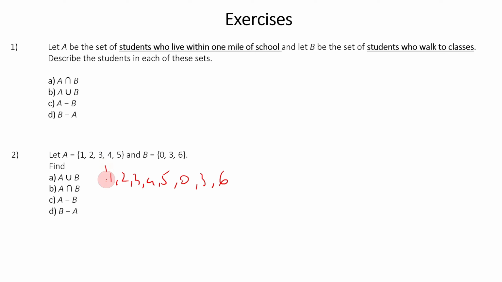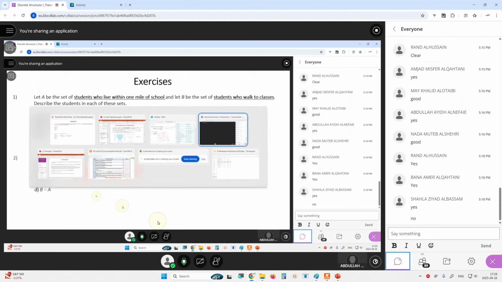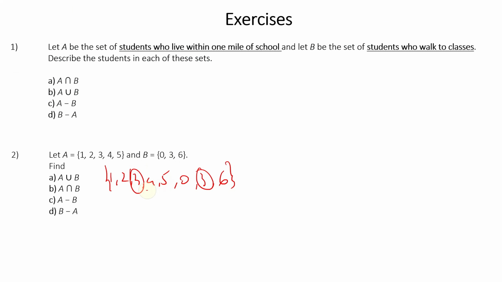Hold on. Am I going to put 3 here and 3 here? No, that's the right answer, yes. So I'm going to do the union. So 1, 2, 3, 4, 5, 6, and then 0.